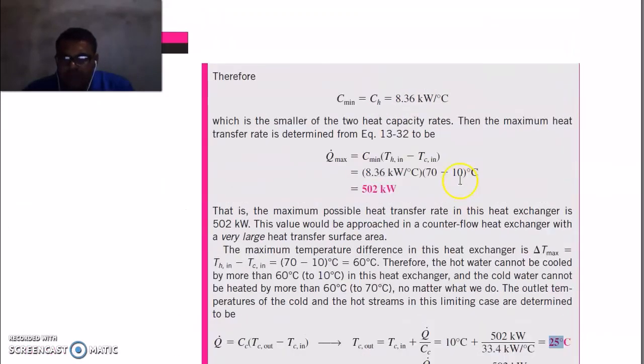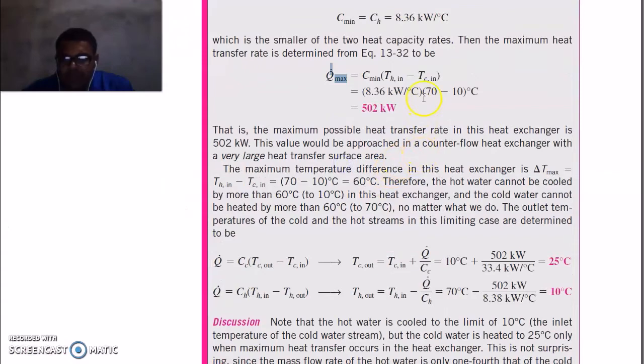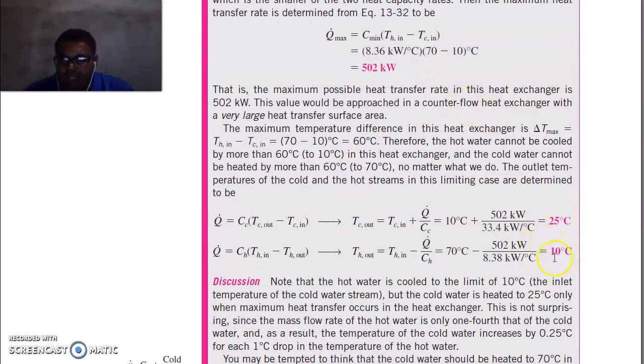You can also see we had taken Q maximum on the basis of the hot fluid temperature, which is 70 minus 10. You can also see here the hot outlet is 10 degrees Celsius, which is equivalent to our assumption that the hot temperature fluid should be decreased to the temperature of the cold stream inlet.